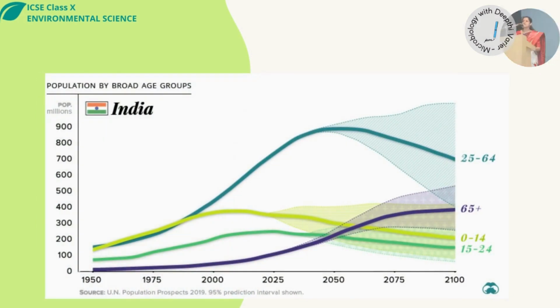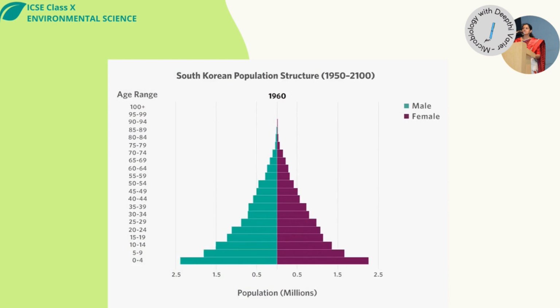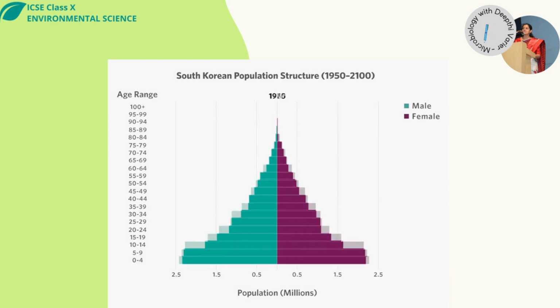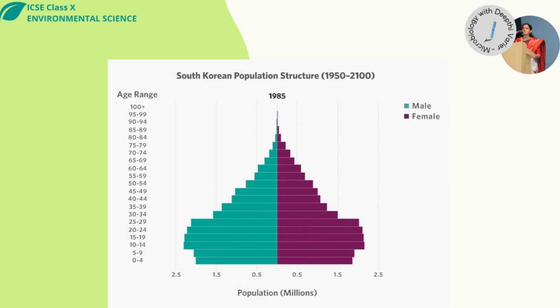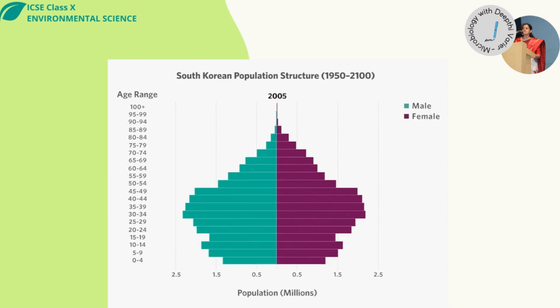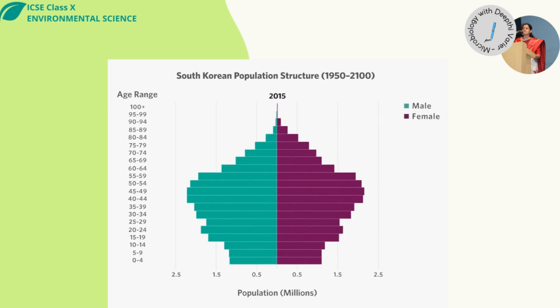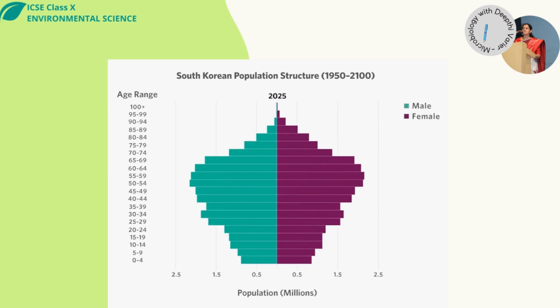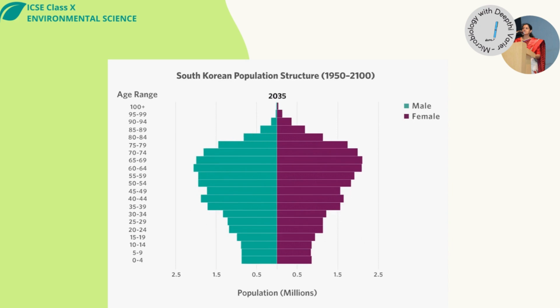As you can see in this graph, this is the demographic transition of India. And what you see here is a beautiful image showing the population structure of South Korea. Now, Korea, for the first time in 2020, had a population decline, and this is mainly because the fertility is very low. Their fertility rate is the lowest in the world.